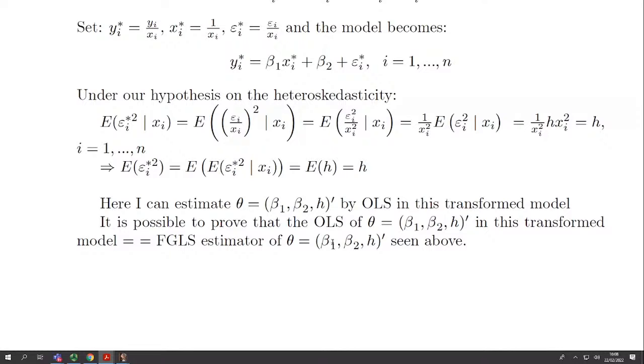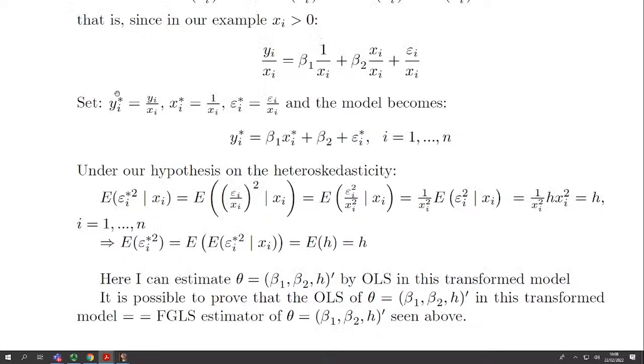Now, before stopping, I want to show you how it works on Gretl. What I have to do in Gretl is the following. I have to define a new regressor, which is 1 over the log of household expenditure.